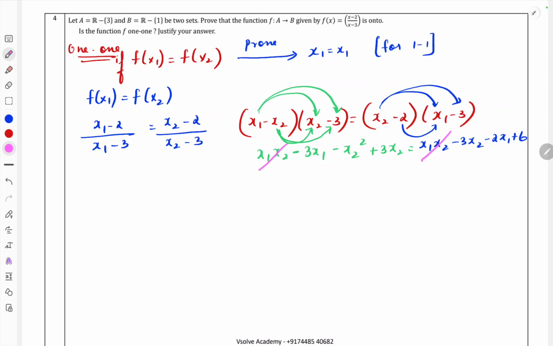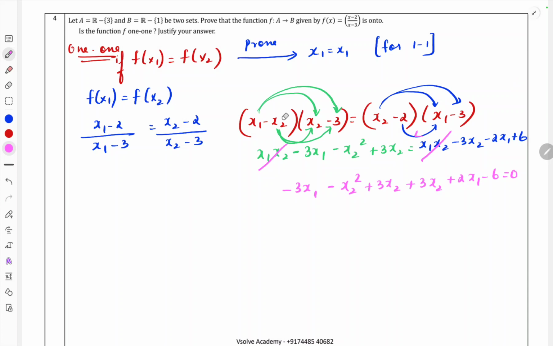So the next thing here is, next I can take something common, so it will be minus 3x1, next it is minus x2 square plus 3x2, and if this comes here it is plus 3x2 plus 2x1 minus 6 equal to 0.